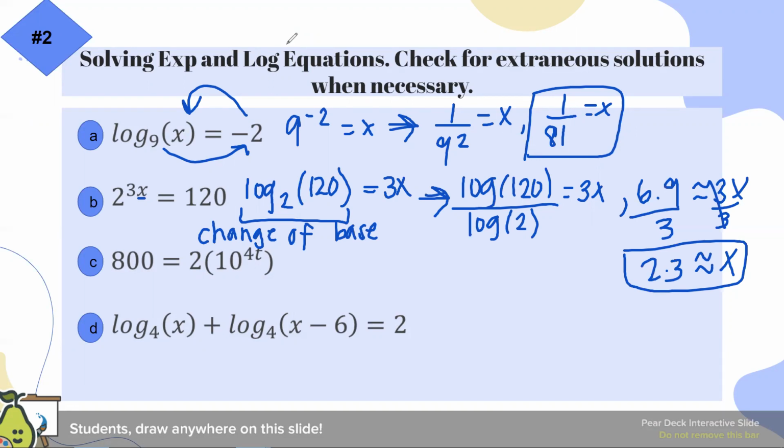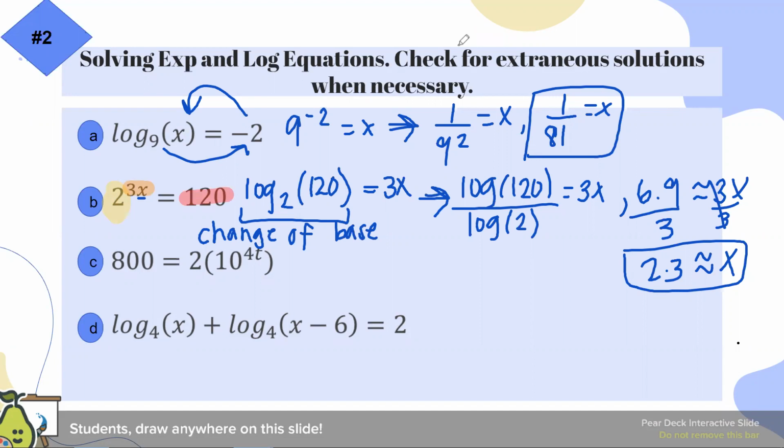Okay. I'm going to change my color for part 3 just in case, because I was running out of space. So now part C of number 2 is almost exactly the same as part B. It's just one step more complicated. Notice that initially we had a base raised to an exponent equaled something.